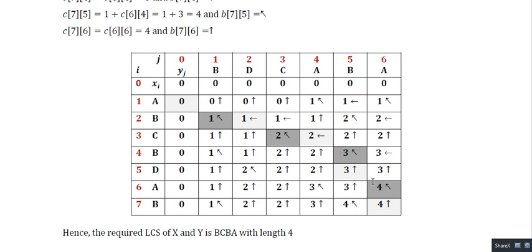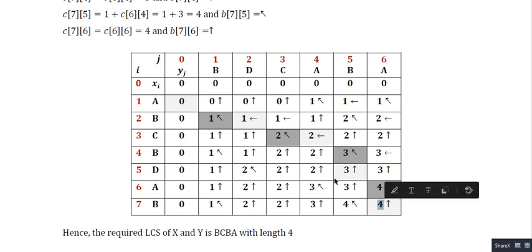So what do these entries denote? 4 denotes what? It is 7, it is 6. So 4 is the length of the LCS of the sequences x7 and y6. It means the first sequence x has 7 characters and the second sequence y has 6 characters, and from that we are obtaining an LCS whose length is 4.